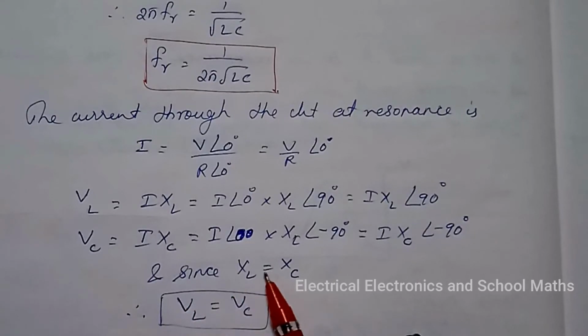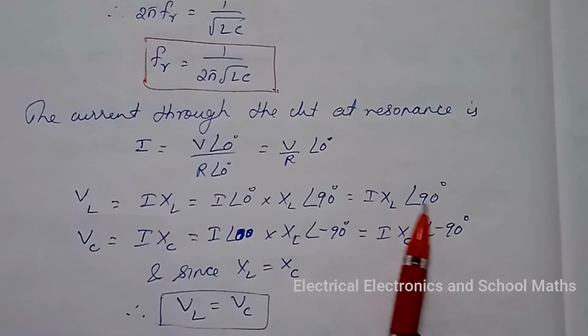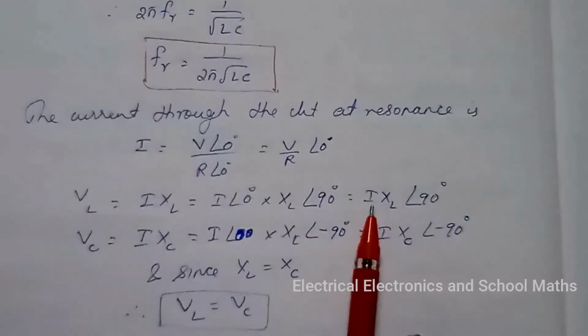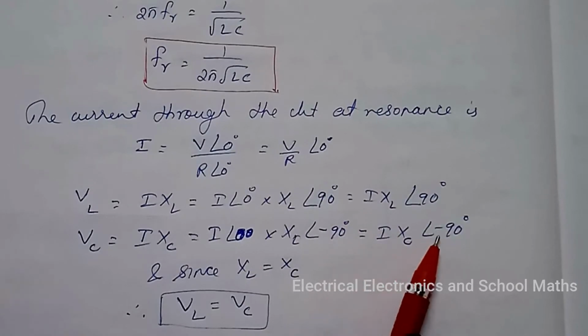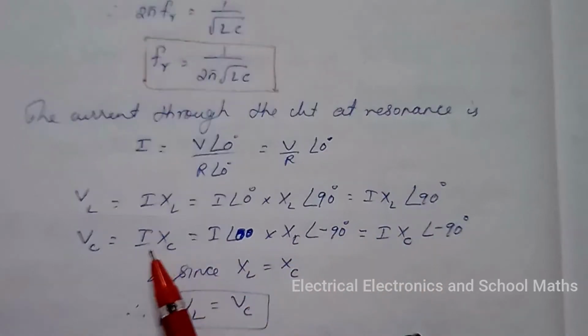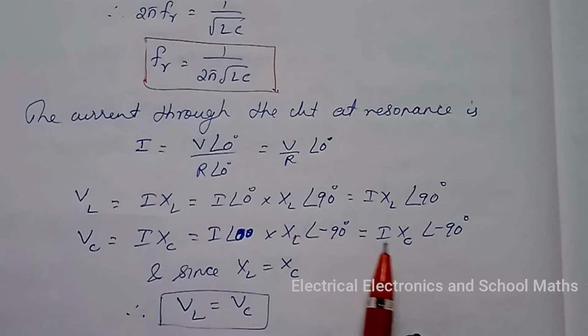And since XL is equal to XC, we can say VL is equal to VC. Here positive 90 degrees because the voltage leads the current by 90 degrees, and here minus 90 degrees because the voltage lags behind the current by 90 degrees.